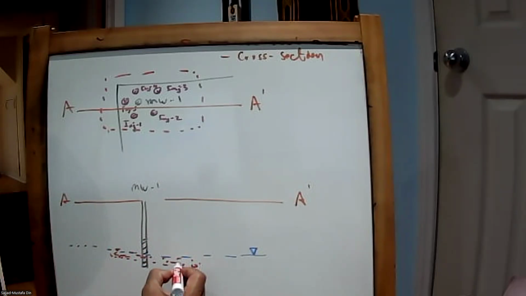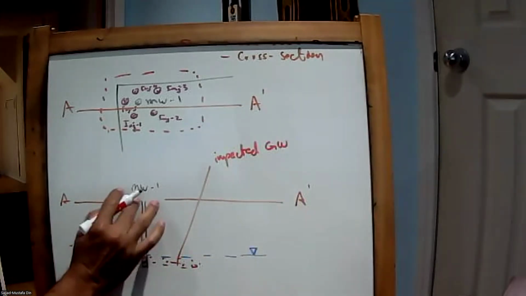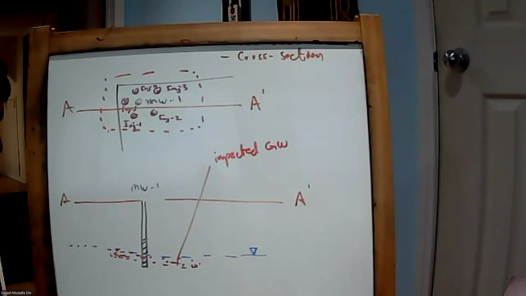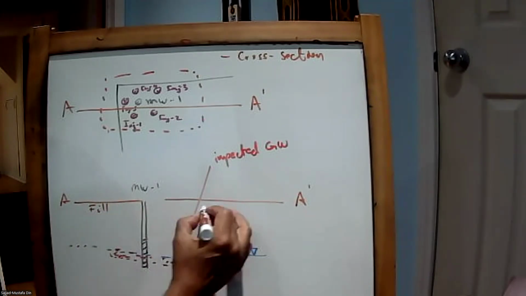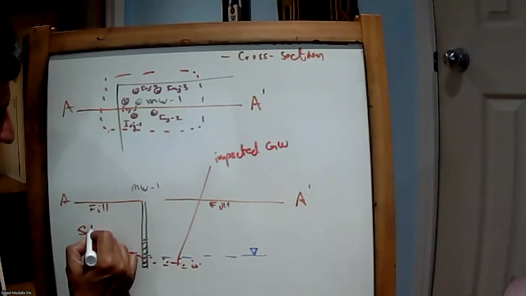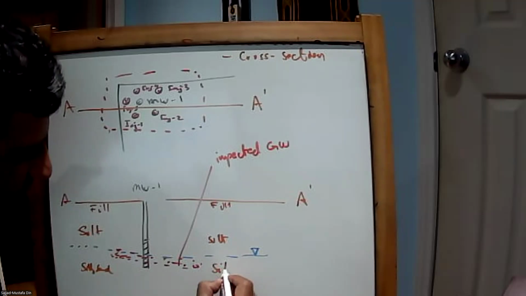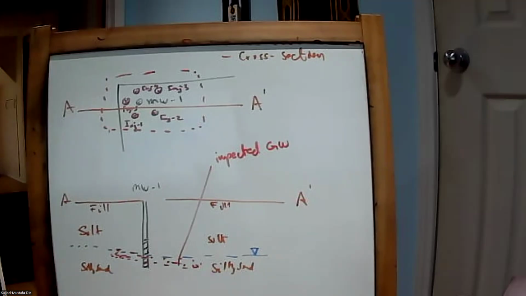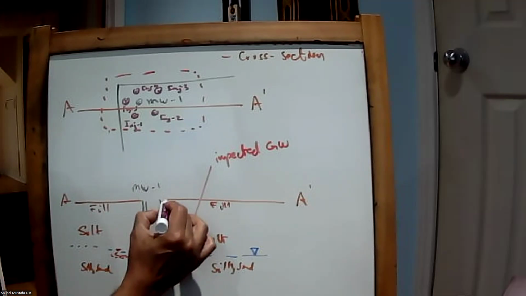And you label it impacted groundwater, monitoring well 1. And what they're going to want you to do is to label the geology. So you've got fill material up here. Then you've got, let's say it's silt, and then silty sand. This is silty sand. Aquifer. And then on top of that, they're going to want you to show at least a few of the injection points where you're injecting chemicals.